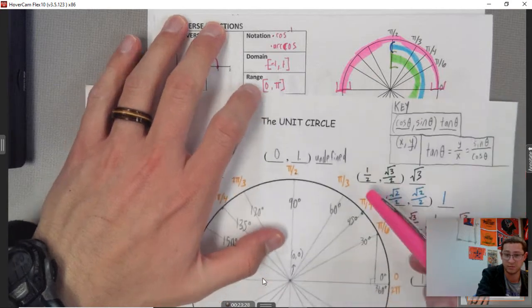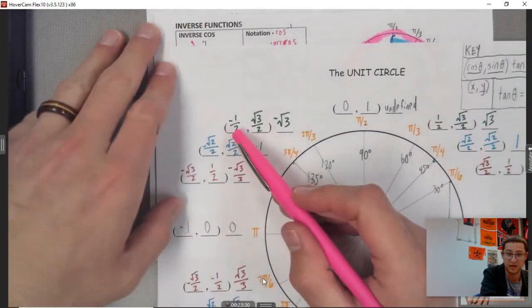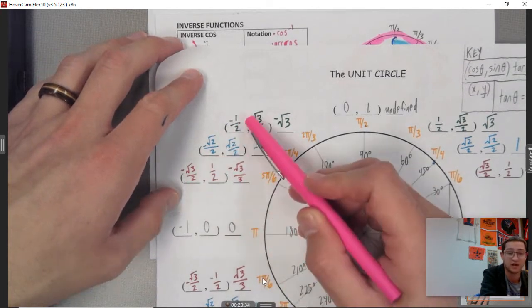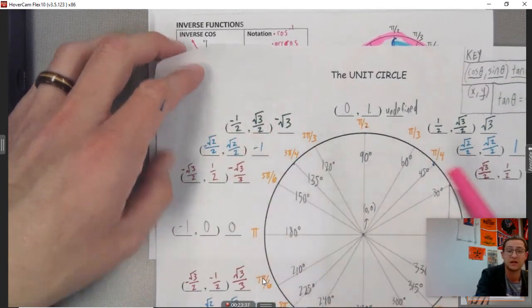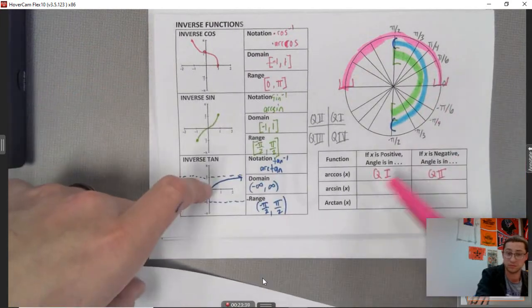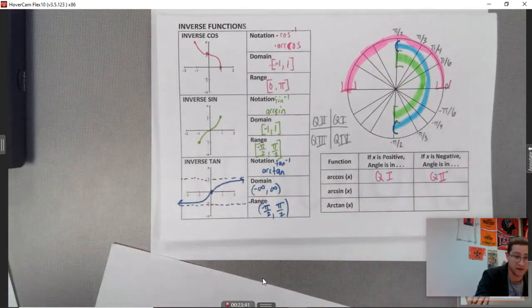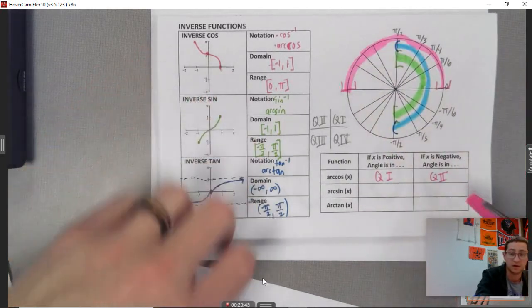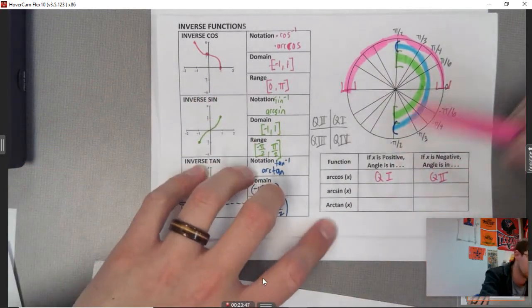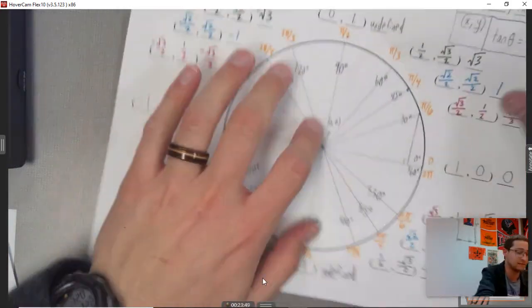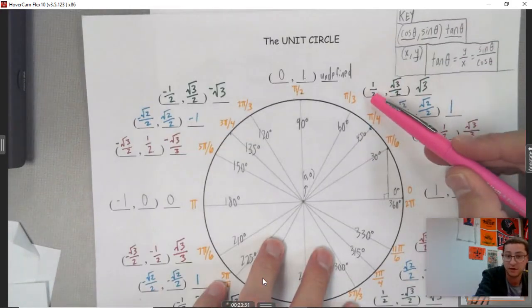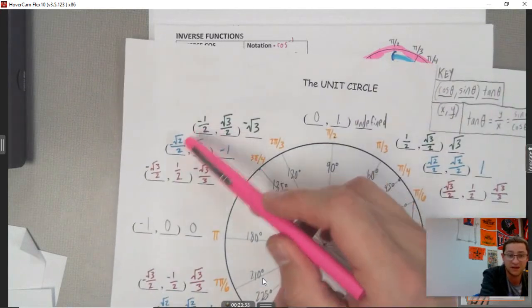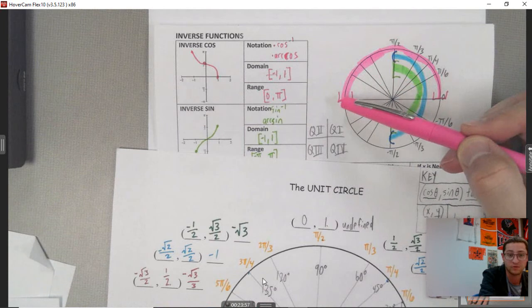But over here is where they're negative, negative, negative, negative. So when your input x is the ratio of the sides, your angle will be in that quadrant 1. Sorry, let's just start over. If your x is positive, here, here, and here, it's going to be in quadrant 1. But if your x is negative, here, here, and here, it's going to be in quadrant 2.